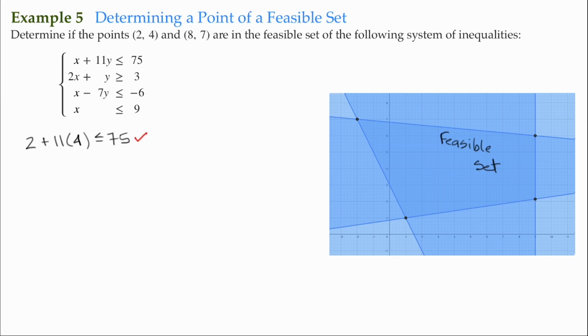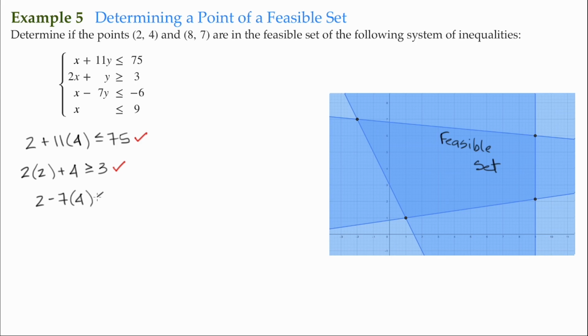And we'll go down to the next one. 2x, x is 2, so 2 times 2 plus y, which is 4. Is that greater than or equal to 3? 2 times 2 is 4, and 4 plus 4 is 8. And 8 is definitely greater than or equal to 3. So it satisfies that inequality. We go to the next one. x is 2, minus 7y, y is 4.